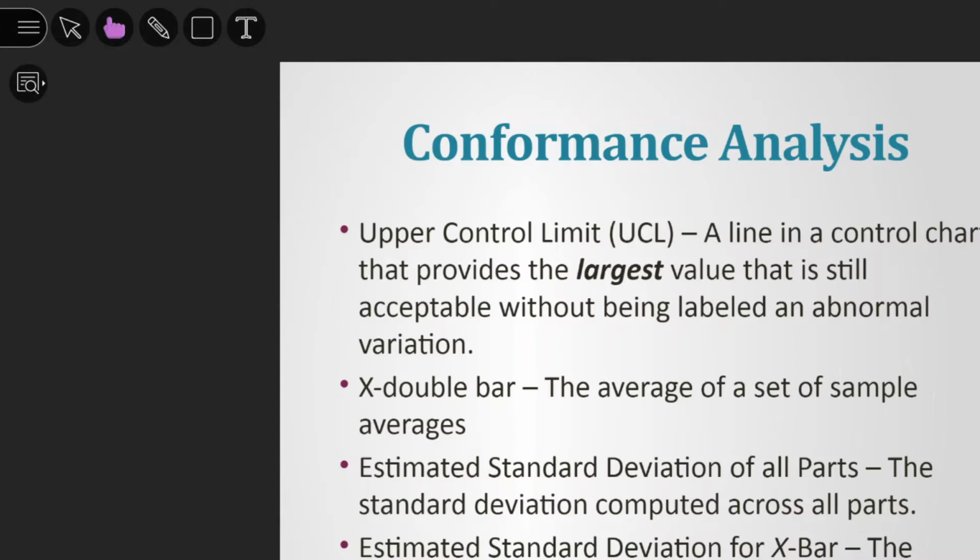First, we have to figure out the estimated standard deviation of all parts. When you get to your midterm exam, this value will be given to you. I will not have you figure it out.